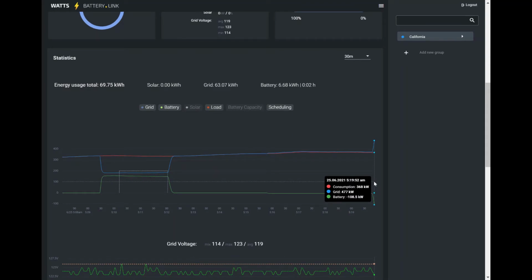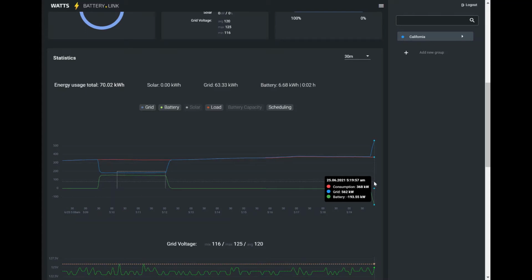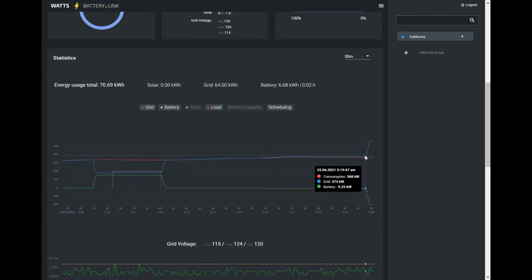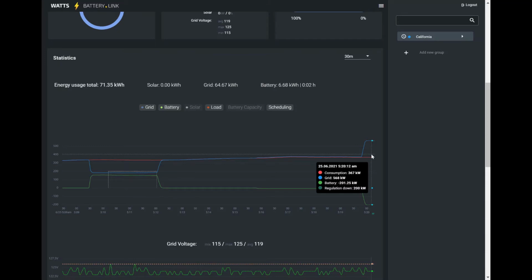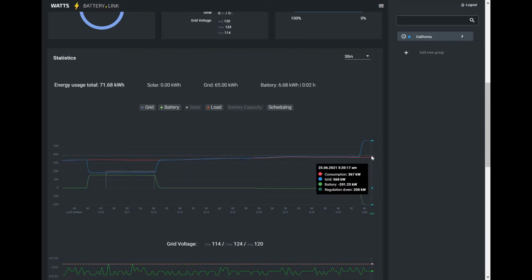Immediately, at almost 5:20, we see the service being activated in a fraction of a second, and we can now visualize that the expected outcome has already happened. We are able to increase the grid power by 200 kilowatts, and this is because we are forcing the VATS battery modules to start charging at a rate of 200 kilowatts.